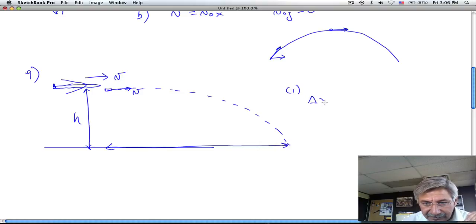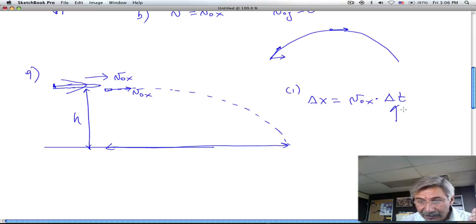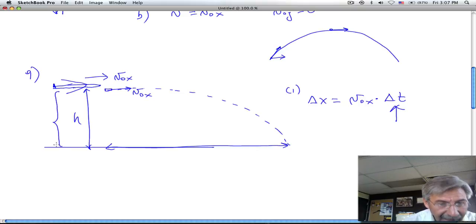That distance is v0x, which is given. So you ask, what was the time? The time is the time to come down a height h, and we know that it can be calculated from here.